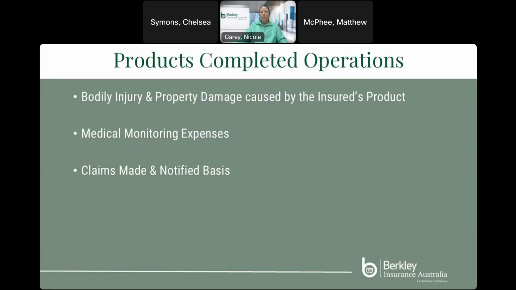So the first section of our policy is the products completed and operations insuring clause. So this is essentially your products liability insuring clause. It provides coverage for loss arising from bodily injury or property damage which has been caused by the insured's product. So an example of a claim that could be covered under this section might be injury caused by an unlisted ingredient in a medicine.